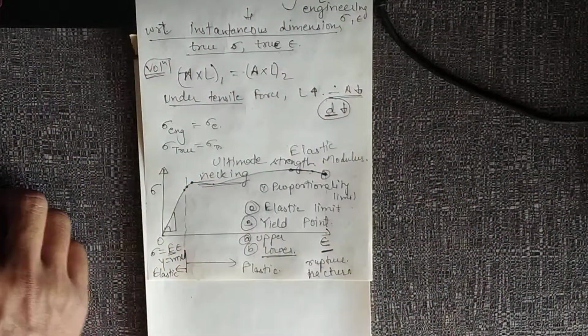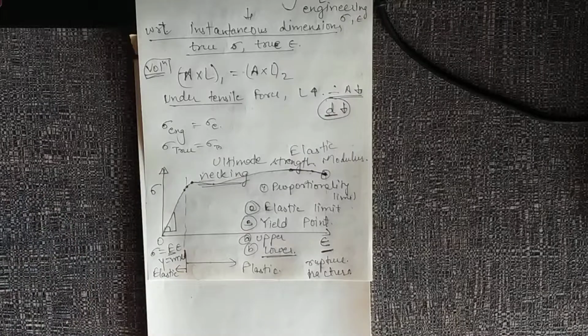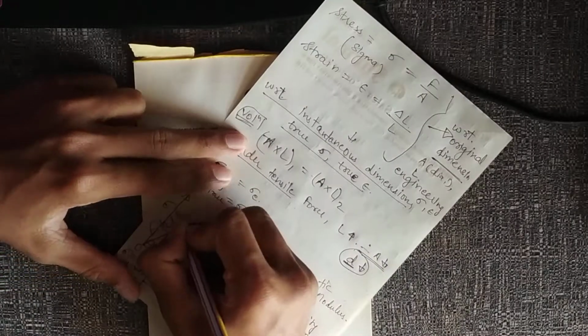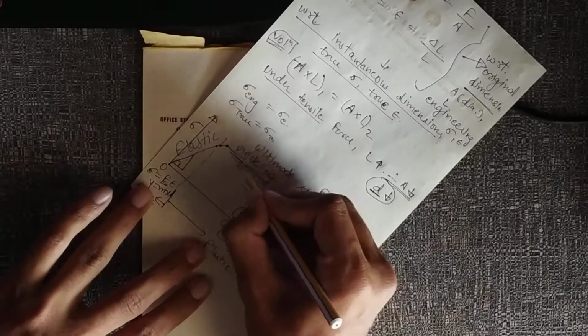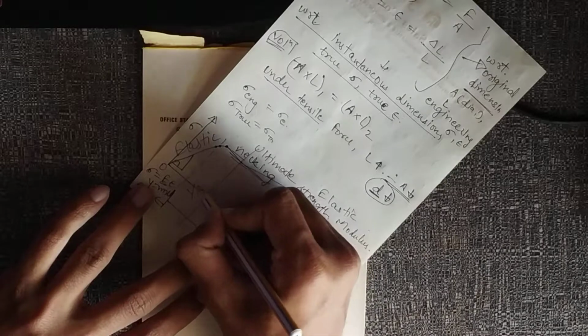So we can differentiate some regions over here. This was the elastic region. Then there is yielding, so between the two yield points we have the yielding region.